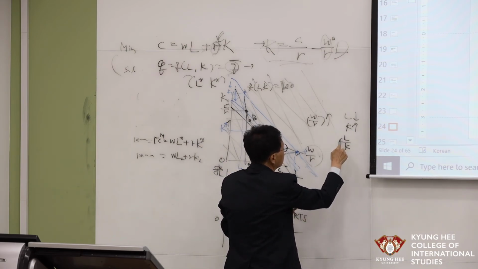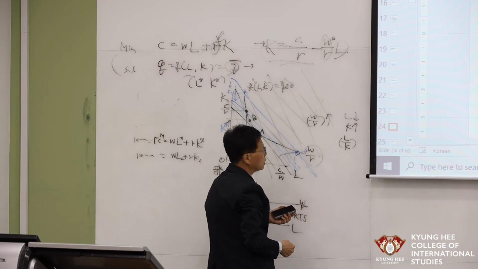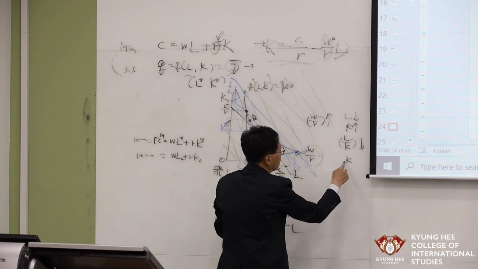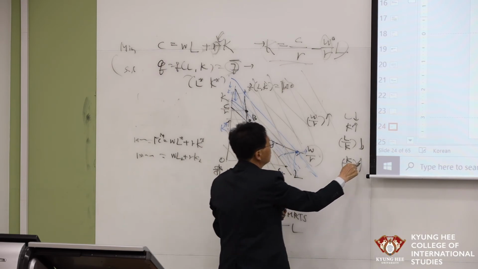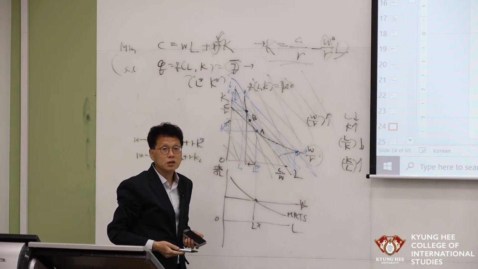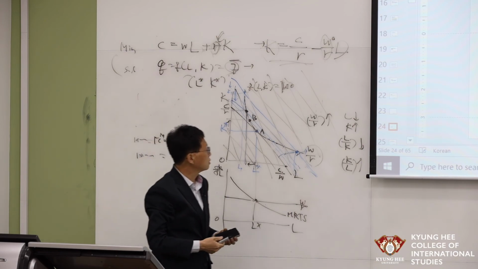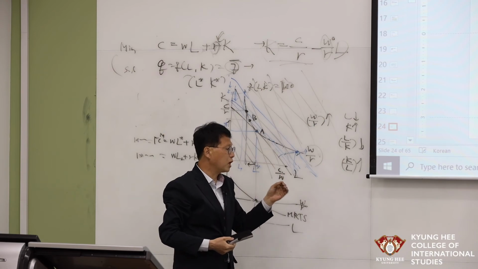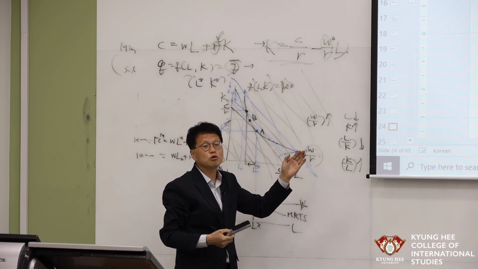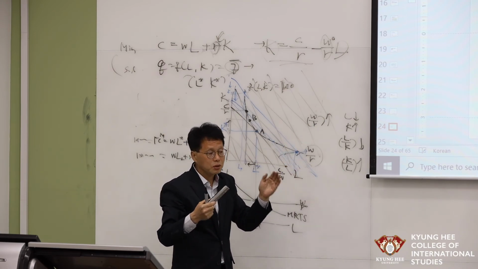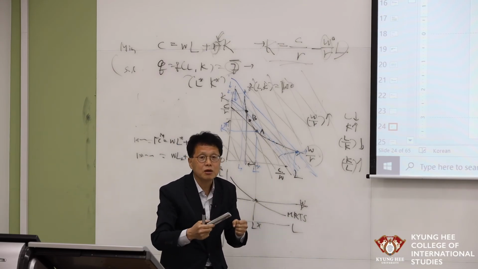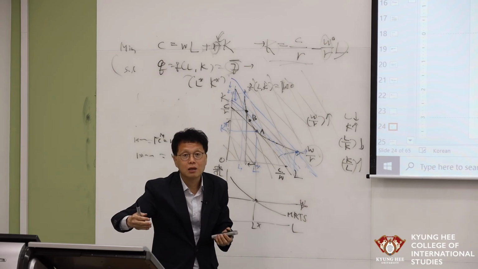The labor to capital ratio decreases, or the capital labor ratio increases. That kind of thing happens. It's a rational result, isn't it? Why? Wage rate, labor cost increases. So you want to produce the same pizza after hiring less labor and more capital.